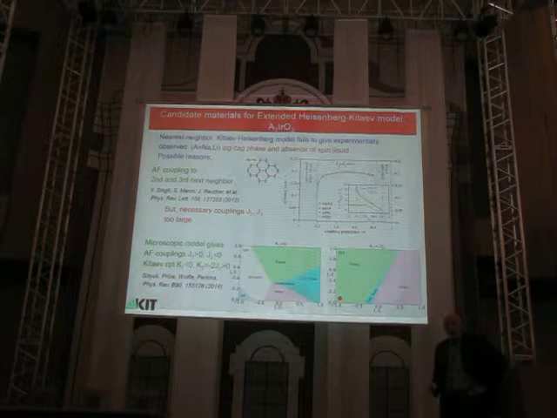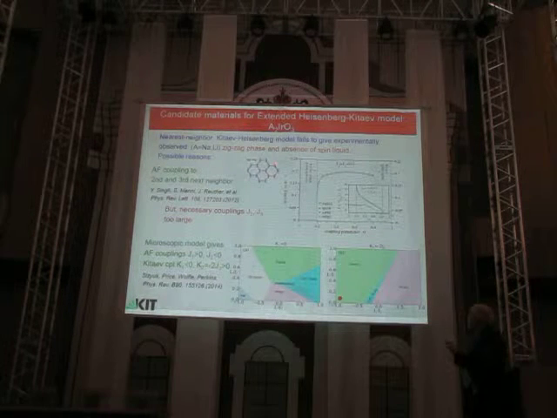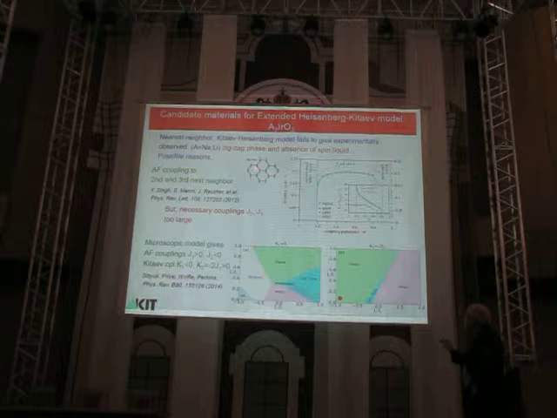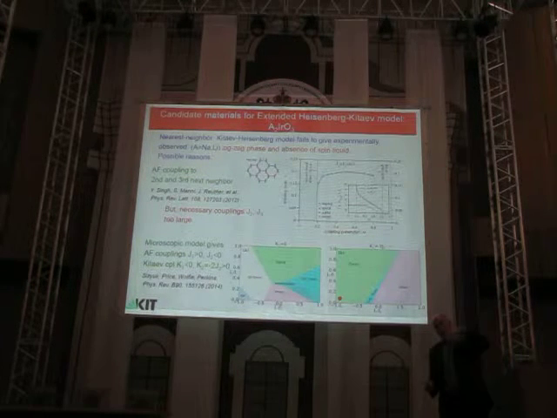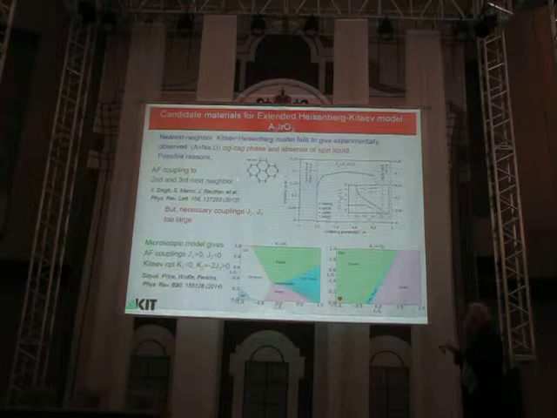So experimentally, in these iridates, one observes a spin configuration of this type here. And this, as you may remember, did not come out of the previous calculation, one slide back. So we have to do something to get this zigzag phase. This is what they did.